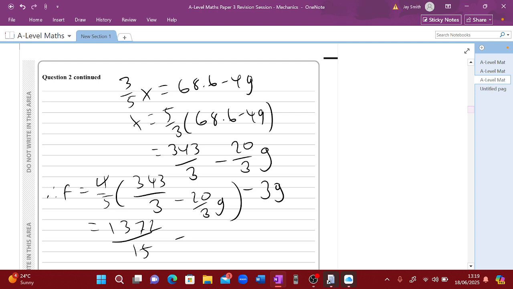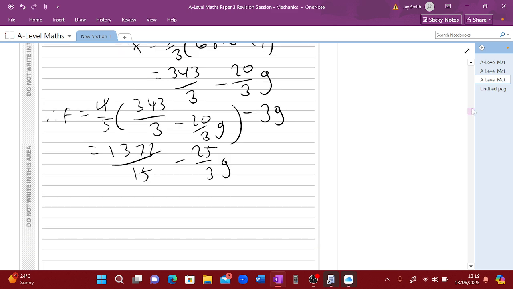And then minus 4 over 5 times minus 20 over 3g is a minus 16 over 3, but then we have another minus 3g over here. So in total, we get minus 25 over 3g. Okay, so that's that F.